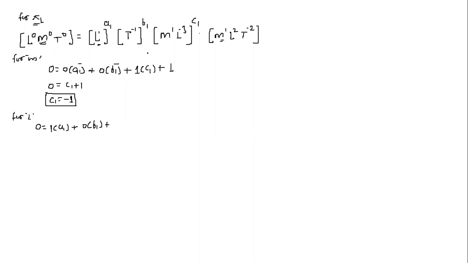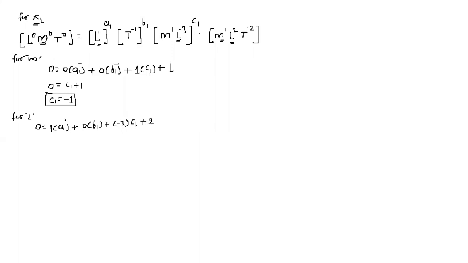We are comparing for L. Now in this, L is there with the power of -3. So the multiplying parameter will be -3 into C1, plus, in this term the power for L is plus 2.